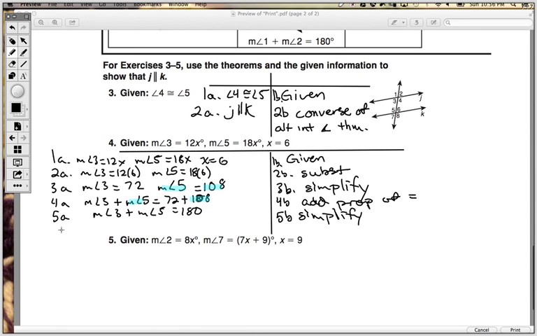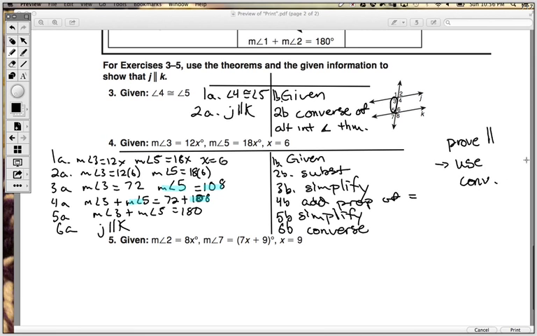Simplify. And then the last part here, 6a. Well, what do we got? We got two angles here that add up to 180 and they're same side interior. So that tells me I can jump right to J is parallel to K. And my reason is the converse, because I'm proving parallel. Whenever you're proving parallel, you're going to use converse.